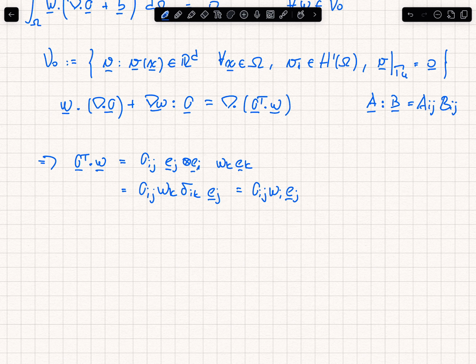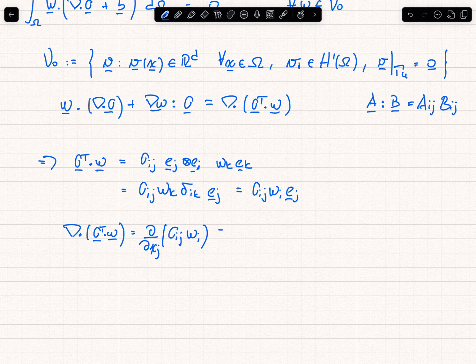Okay, well, now we are going to take the divergence of that vector. By definition, the divergence is taking the component of that and applying the derivative to the component. So the component is, of course, everything here, and the derivative is with respect to x_j, because this is the jth component: sigma_ij w_i.